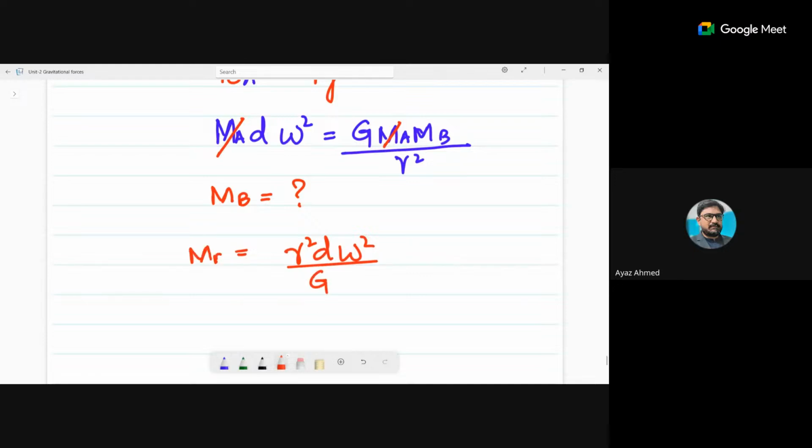That is basically the end of your gravitational forces and gravitational law. Now, I was looking at a small question last time.